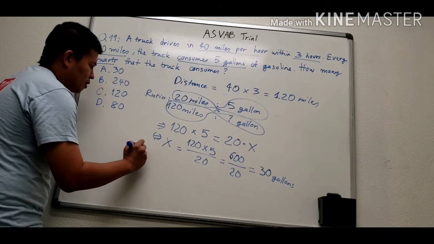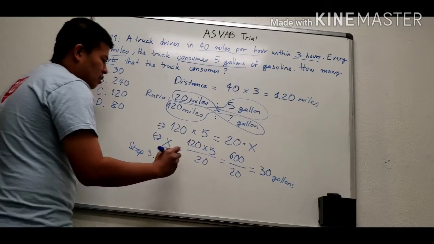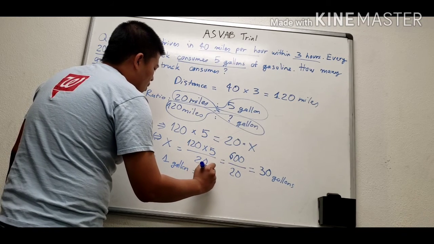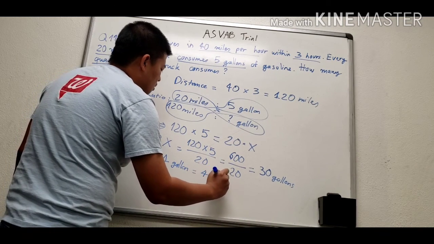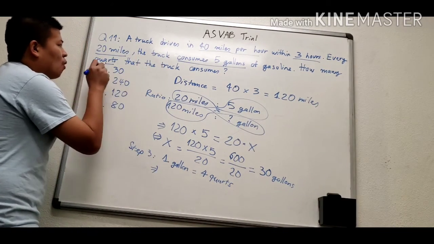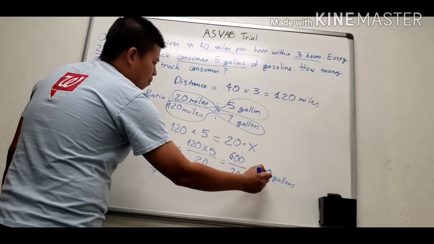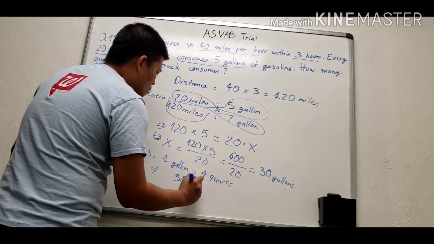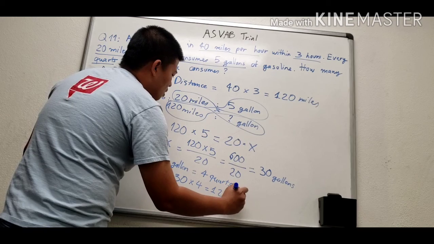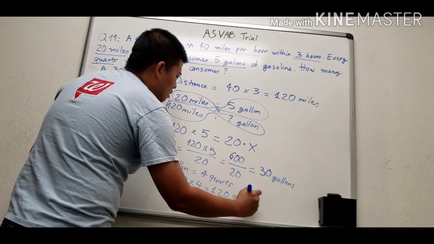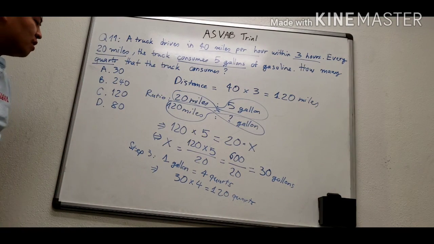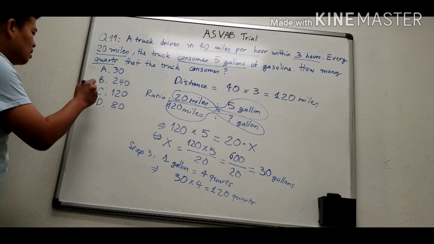Step number 3. We know that 1 gallon is 4 quarts. So the question asks about the quarts. You use 30 multiplied with number 4, and you get 120 quarts. And that's why the answer for the question is C.